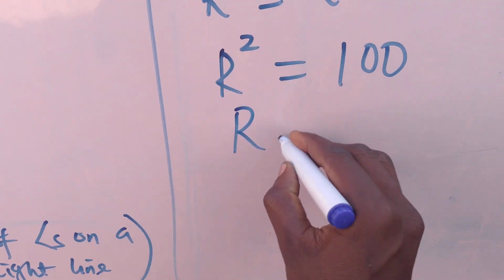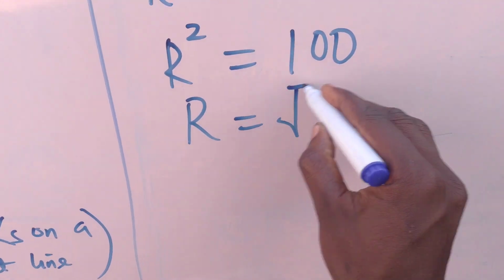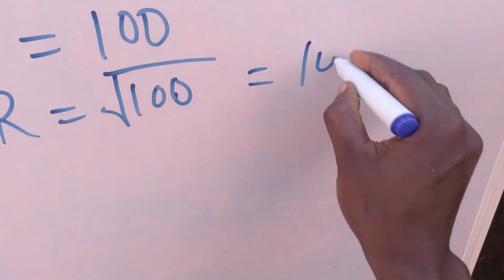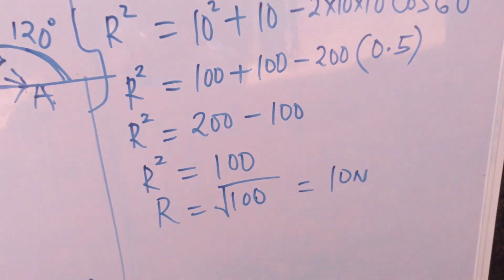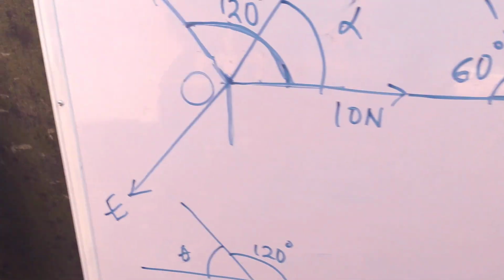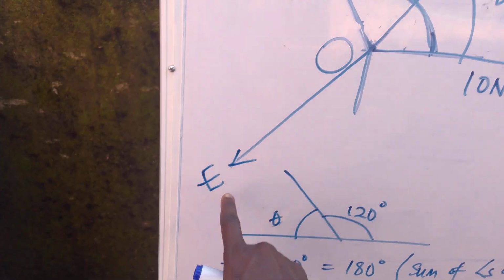I'm taking the square roots. R will be equal to the square root of 100, which is 10. So I've obtained the magnitude of the resultant as 10 Newton. Now the equilibrant will counterbalance the resultant.